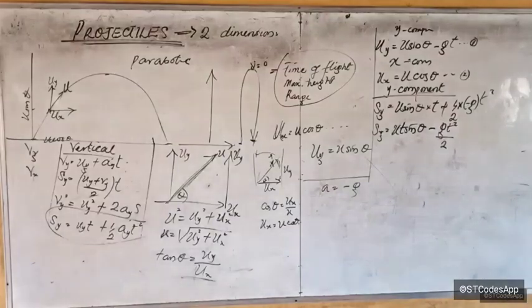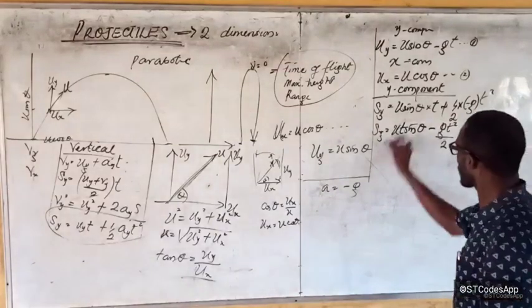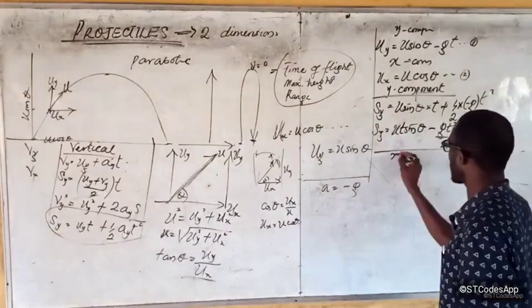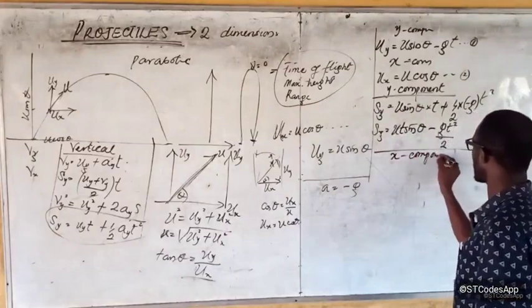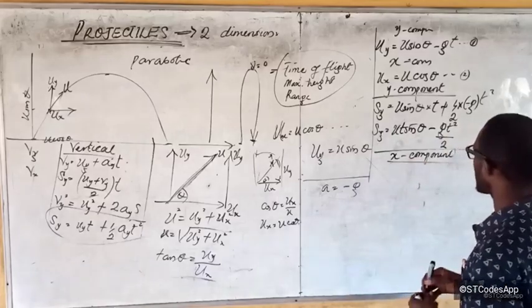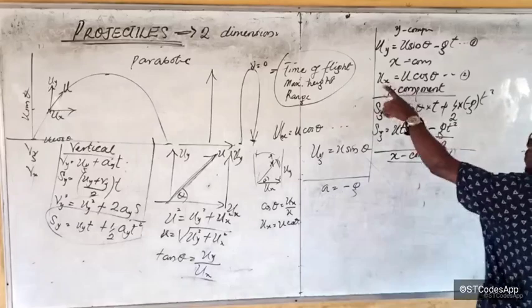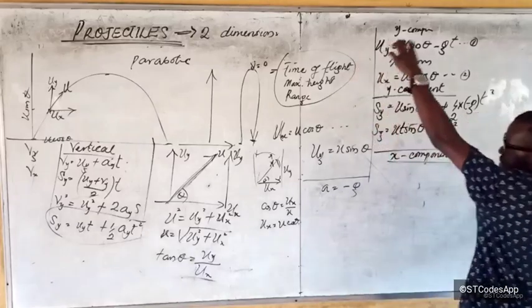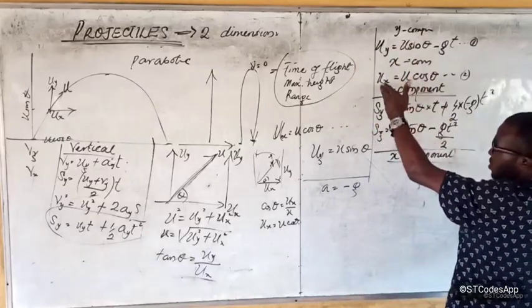Now, also on the x component, using this same equation, we will have that. So this is the equation for the vertical velocity, the vertical component of the velocity.